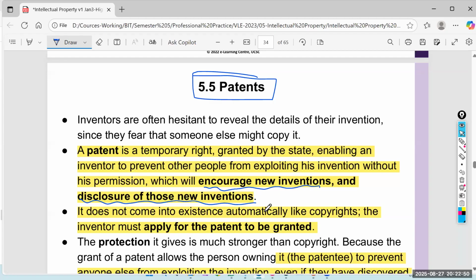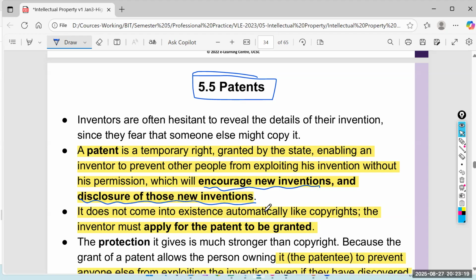But patents solve this. If you disclose your invention to the government institute, now your invention is known to others. It's no longer a secret. But as a trade-off, you get the exclusive right to use it for a specific period.